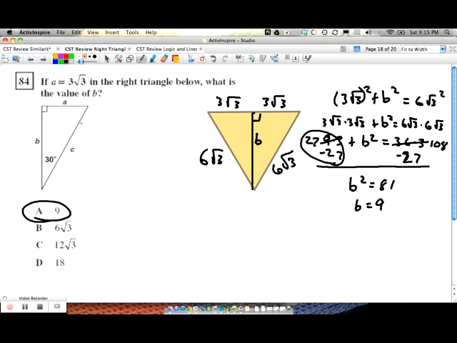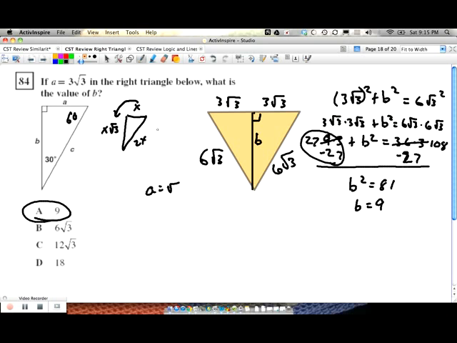But anyways, if you wanted a shortcut way to learn that, we know this is a 30, 60, 90 triangle. It's a special relationship in which if we have the short side and we call that x, then the long leg is going to be x root 3 and the hypotenuse would be 2x. Notice that the difference between the short leg and the long leg is you multiply by the square root of 3.